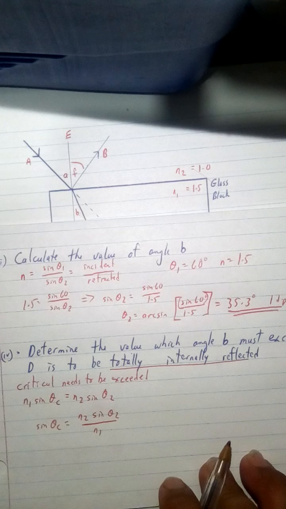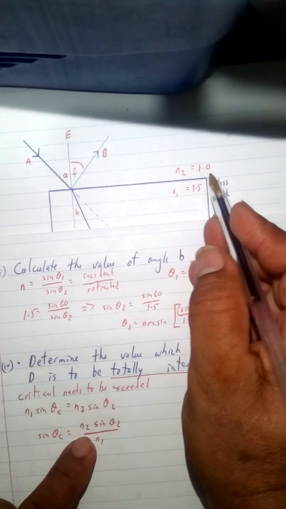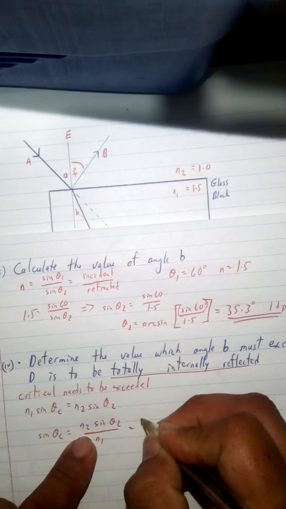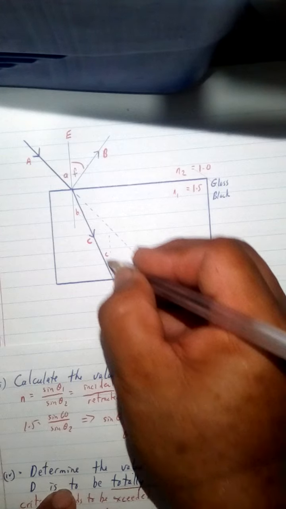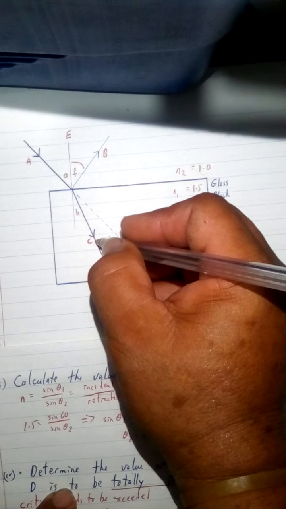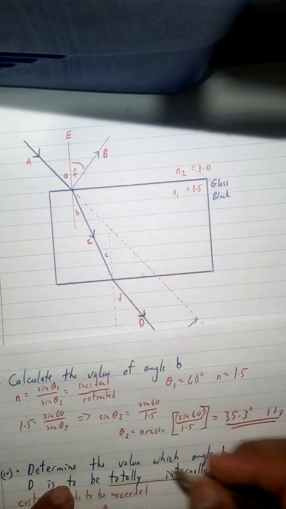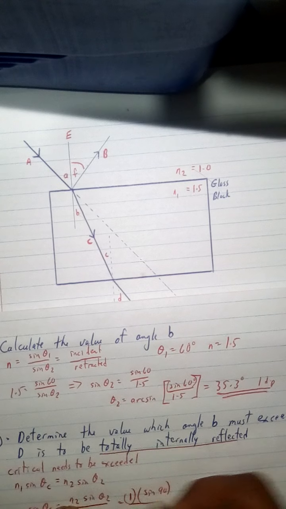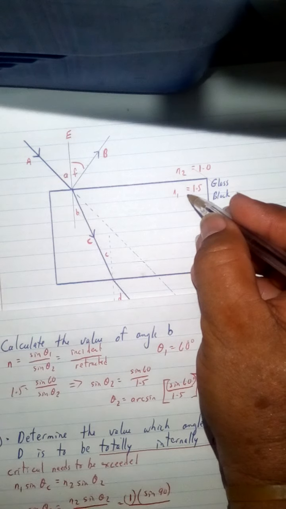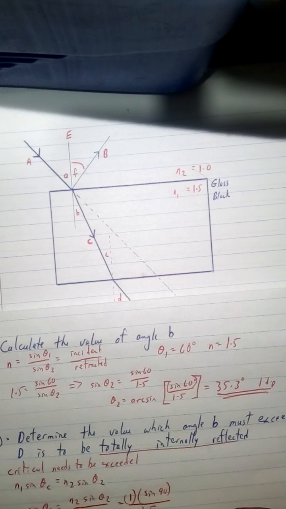Now we know that the refractive index of medium 2 from the diagram is 1. We know that for the critical angle we must have an angle of refraction which must be 90 degrees. So we must have sine 90 degrees over the refractive index of medium 1, in this case the glass block refractive index 1.5.